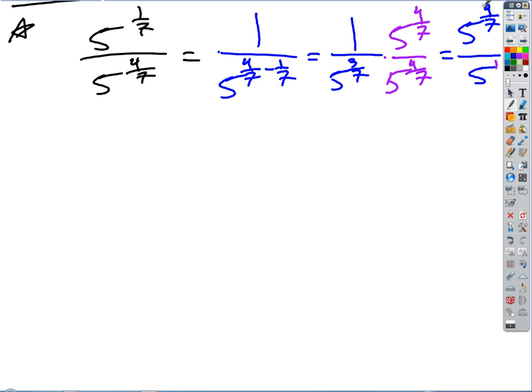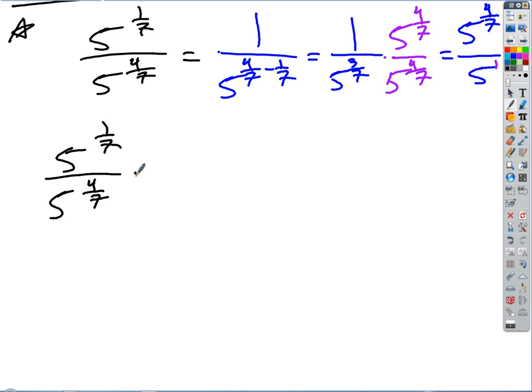Okay, but could we have done this one a little more simply? Now my question is, did we really need to do this step right here? Maybe not. Maybe we could have done this a little more easily. Let's look at what I mean. Let's start with the same problem. We can already see, because the bottom is a bigger exponent than the top, that we're going to get stuck with something on the bottom, right?